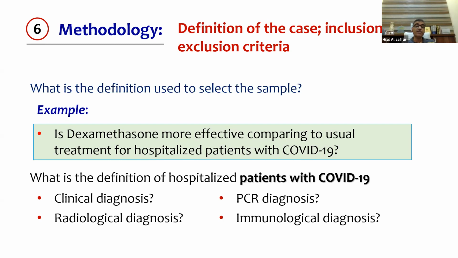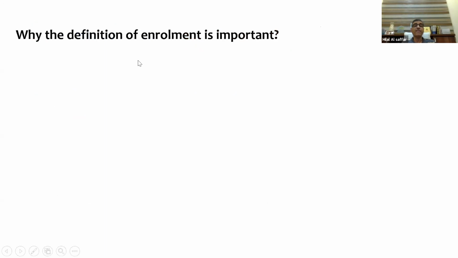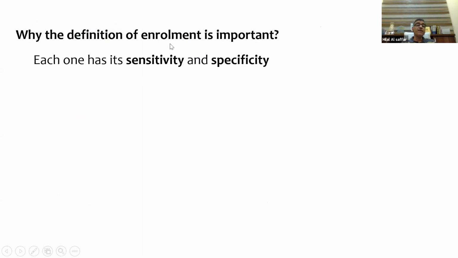This is very important to report early in your research protocol. زين. ليش ال definition of enrollment مهم؟ لأن الحقيقة it will lead to هاي ال two terms, ممكن إذا صار مجال إن شاء الله later on في next module نحكيها, ال sensitivity وال specificity.